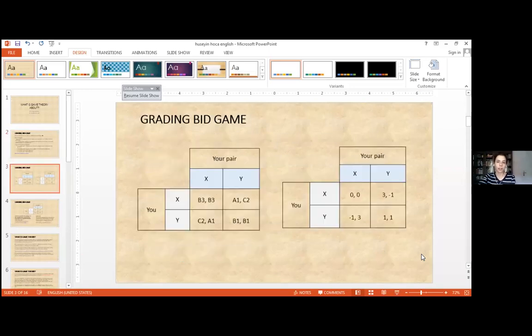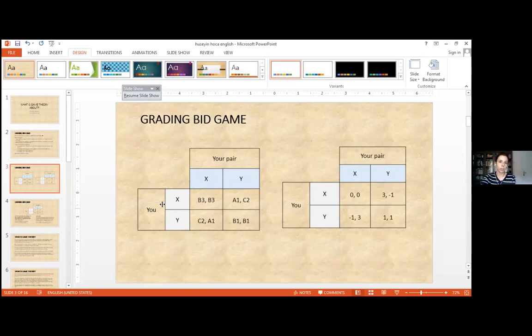Here's the game matrix. This is a simultaneous game, which means that pairs are playing at the same time, or maybe not at the same time, but at different places without knowing what each other chose. This matrix shows you the players and the strategies of the players.